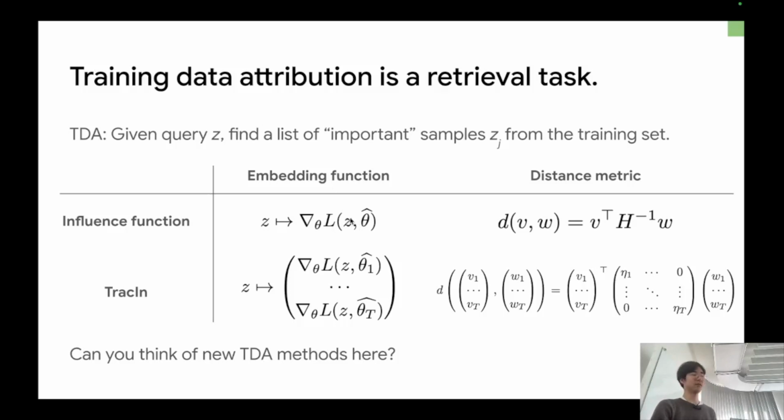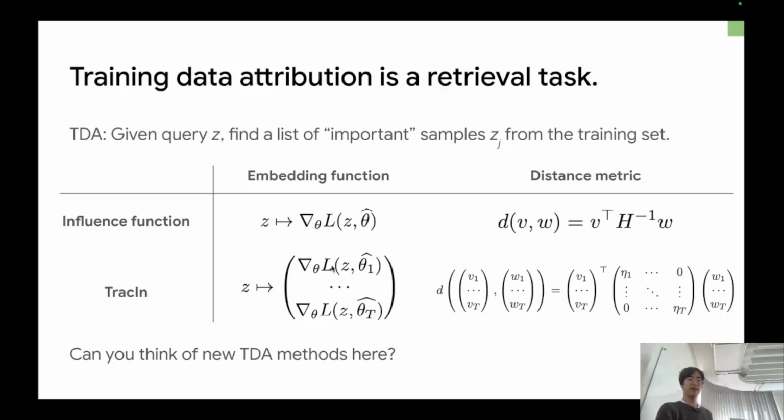You give this test sample Z, pass it forward through the network, and then do backpropagation all the way through to get the parameter gradients, and that's going to be your embedding for this sample. And you do the same for the training data. Then you take some kind of dot product, but the dot product is, of course, modified with the Hessian.